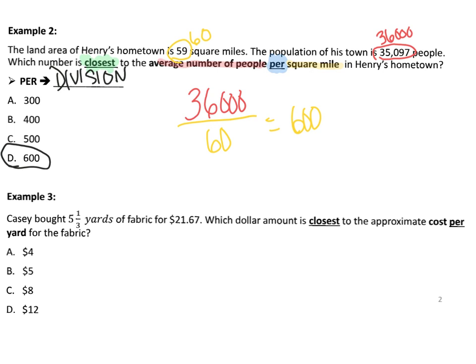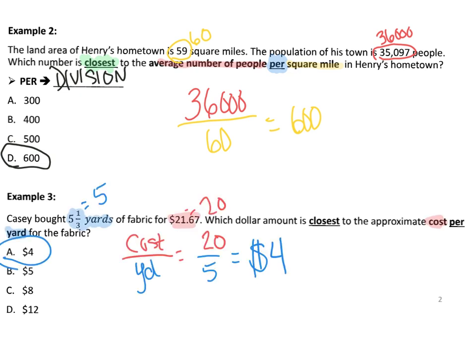Okay, I want you to try example 3. Again, you're trying to get easy numbers. Okay, so hopefully you got somewhere around $4 for example 3. So I have all my work here. I rounded this 21 to 20 bucks, rounded 5 1/3 to 5.